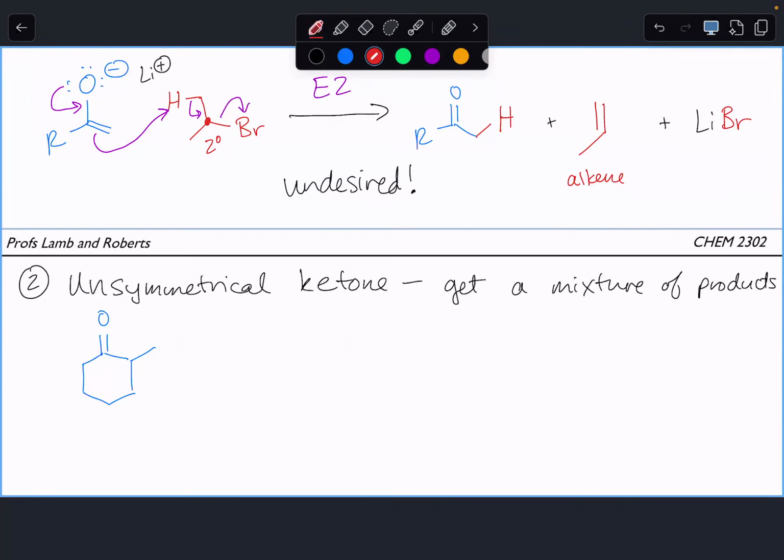So we have two different alpha protons. So if we were to do this reaction, LDA, second step, some alkyl halide like this, we would get two different products.